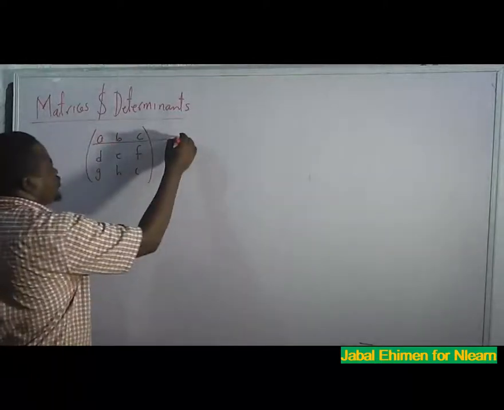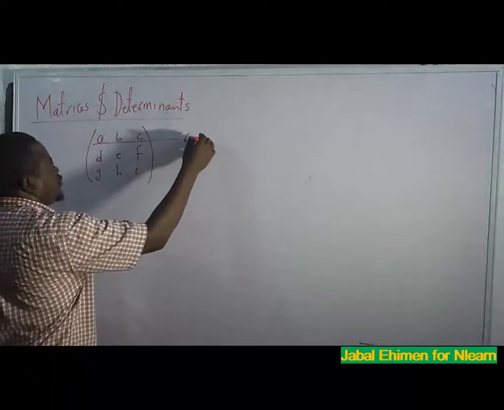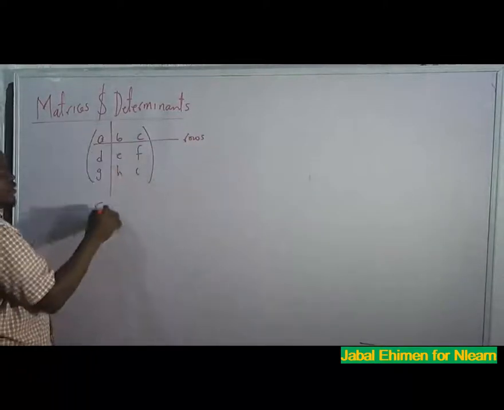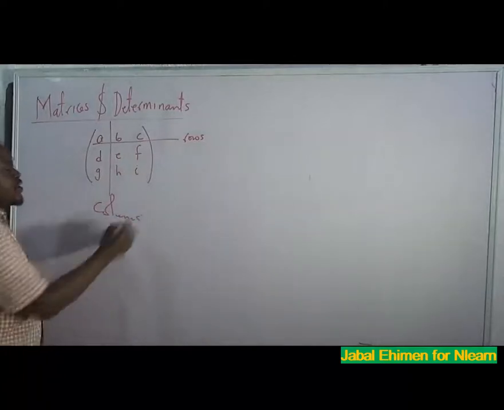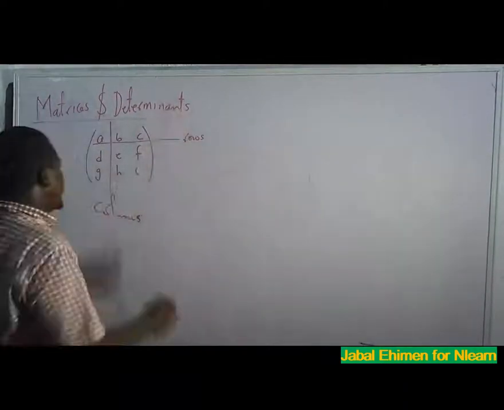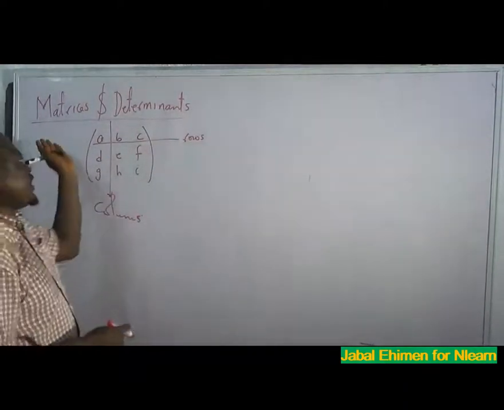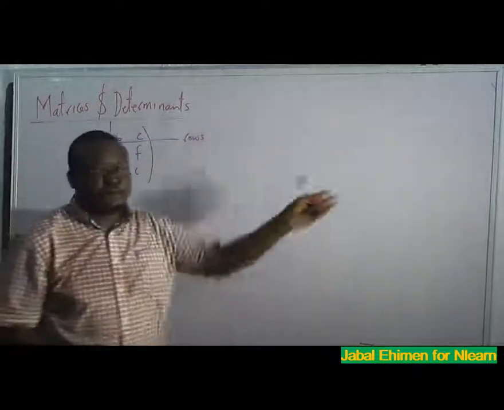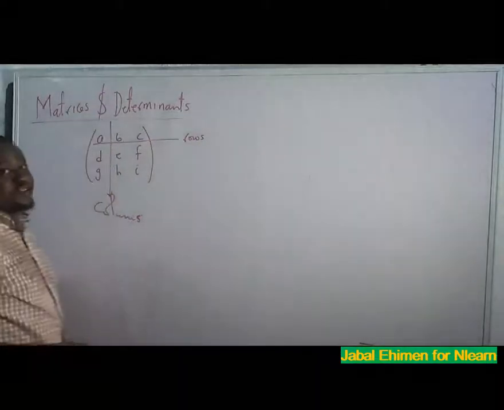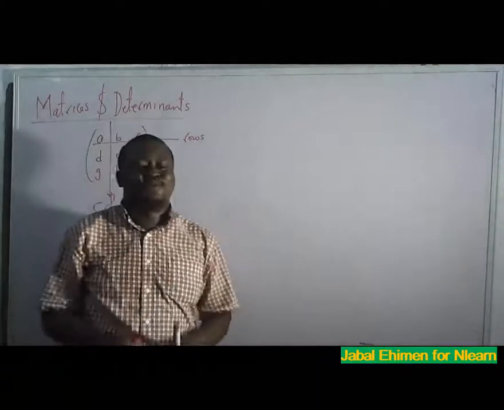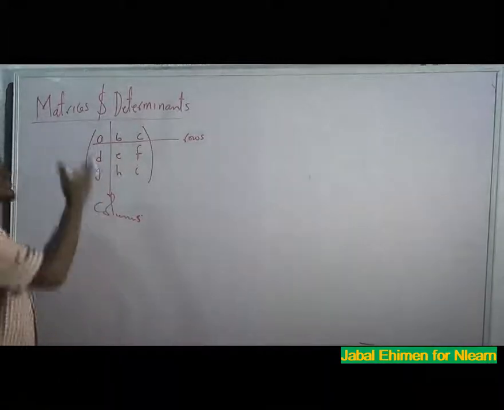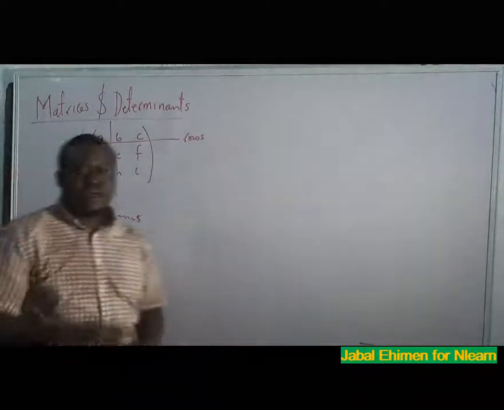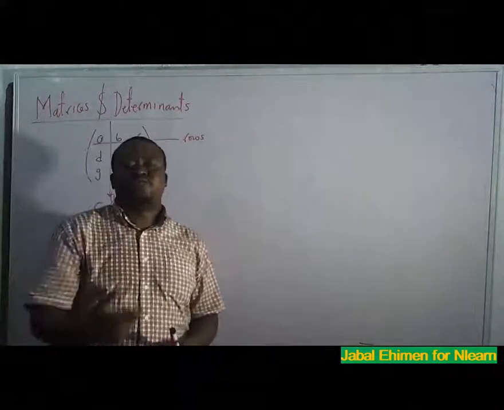These are rows, and these are columns. So you have the rows and you have the columns. The ones that are laid like this are the rows, and the ones laid in this direction are the columns.